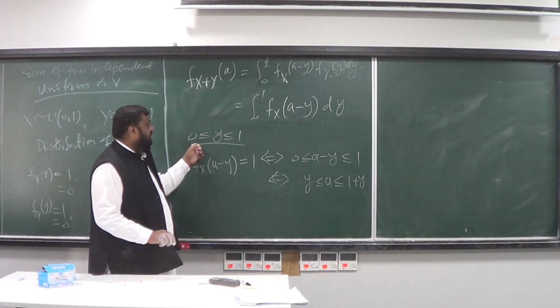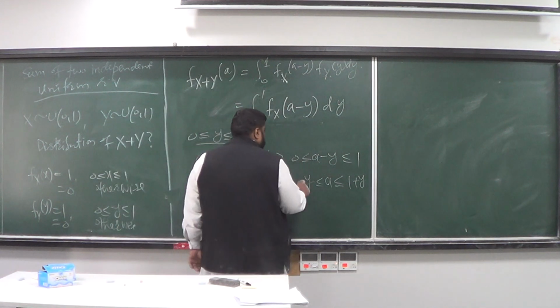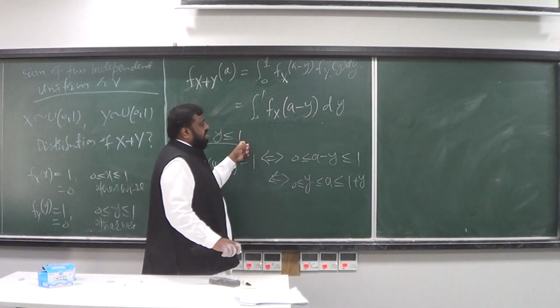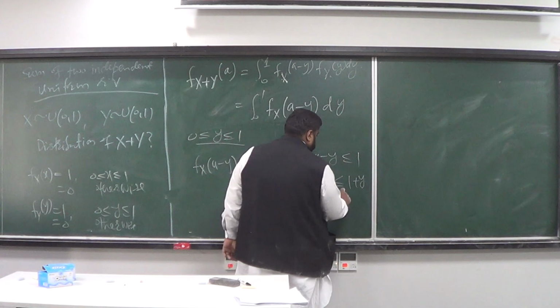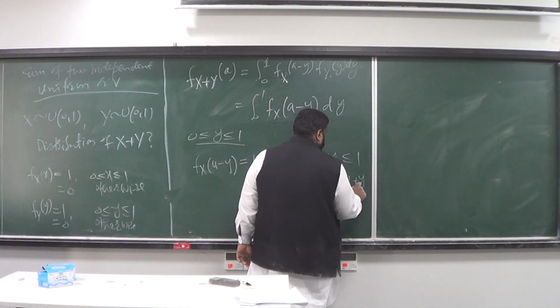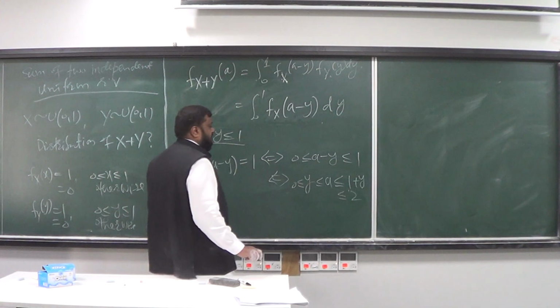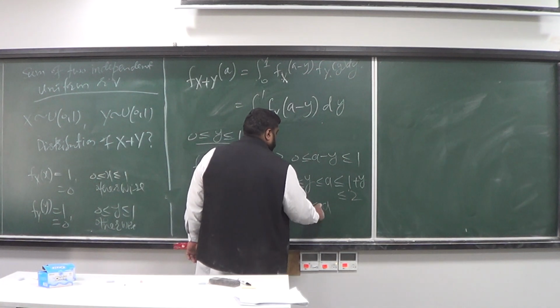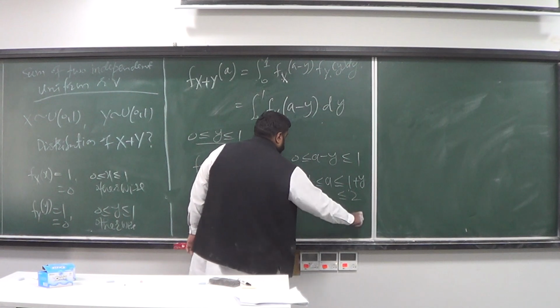But for y, I know that this is bigger than or equal to 0, and y can take the biggest value 1, so a should be less than or equal to 1 plus 1, which is 2. That is, a must be between 0 and 2.